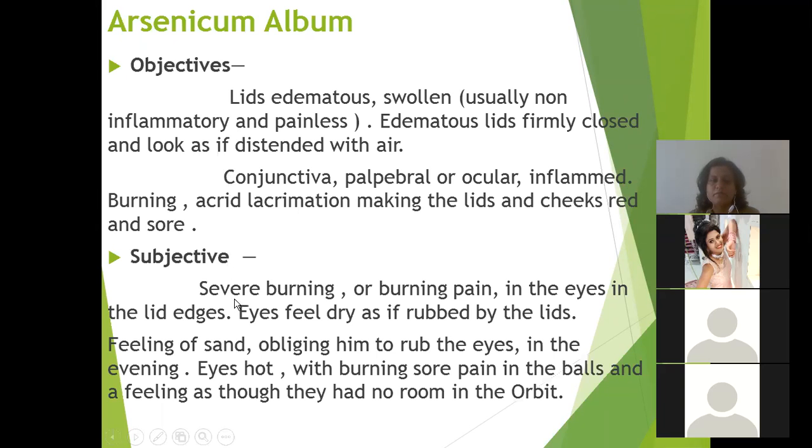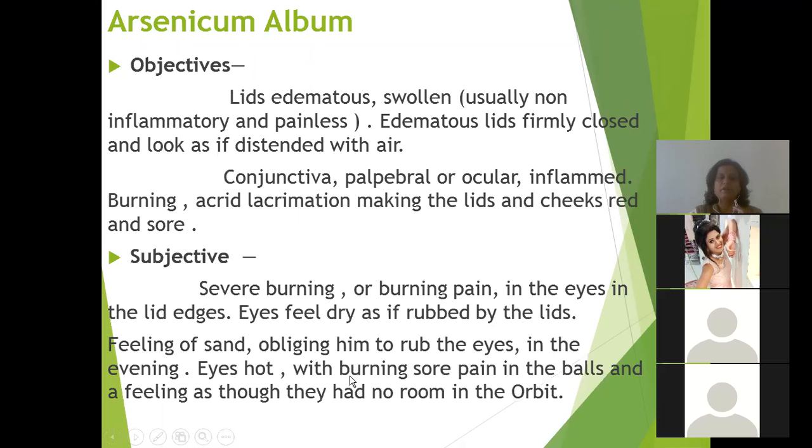Subjectively, the Arsenicum album patient feels a severe burning pain in the eyes, in the lid edges. Eyes feel dry as if rubbed by the lid. Feeling of sand obliging him to rub the eyes in the evening.